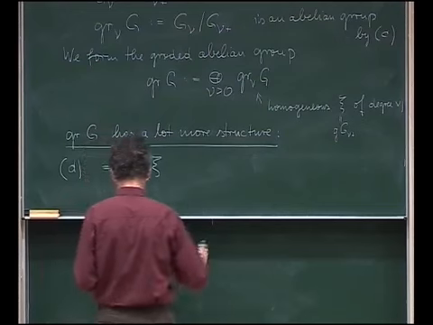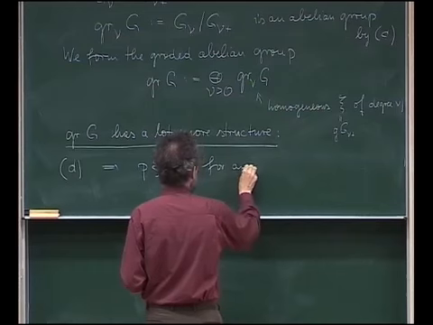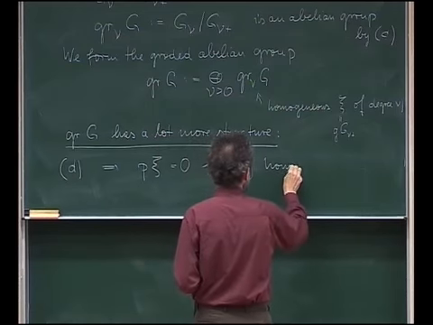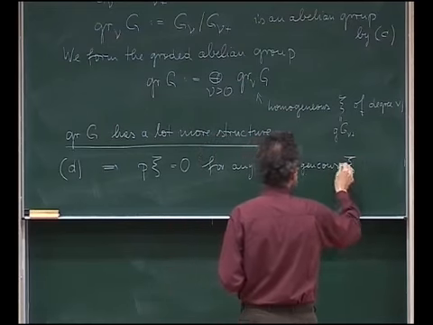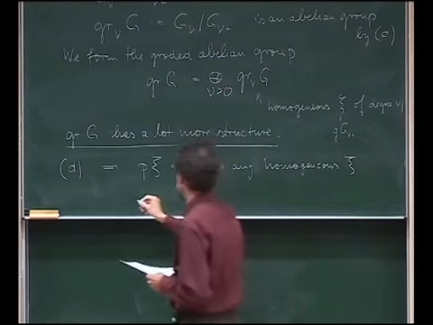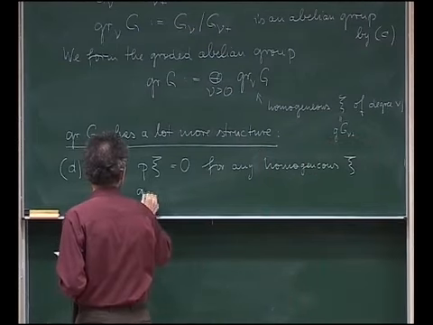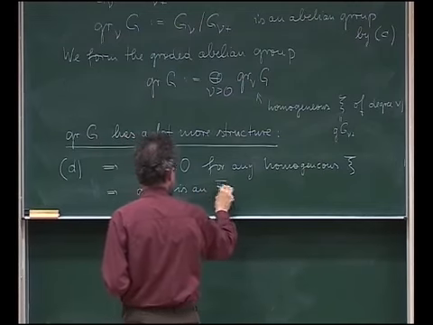So first of all, by D we have that p times any homogeneous element is 0, and therefore of course for any element.